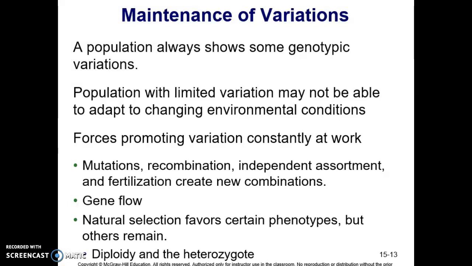When those homologous chromosomes line up in meiosis, we never know which ones are going to get separated out into individual gametes. Then, of course, when we add one gamete from one parent with another gamete from another parent, we have a bunch of new combinations. So we do usually have this mixing of genes. We also have gene flow, and we're going to go into more information about that probably in the next lecture as I'm running out of time. That's how certain genes get passed on and spread throughout a geographic area.